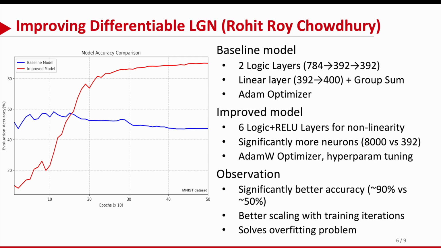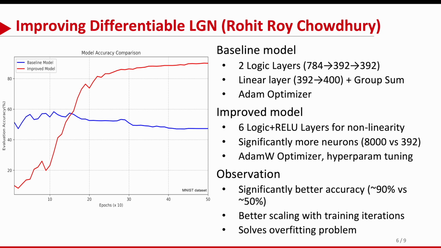Now I will explain how I have tried to improve the paper. So let's look at what's really interesting here. This graph tells quite a story about our model improvements. When we started with our baseline model, shown in blue, we were getting about 50% accuracy on MNIST. Not terrible, but definitely not where we wanted to be.